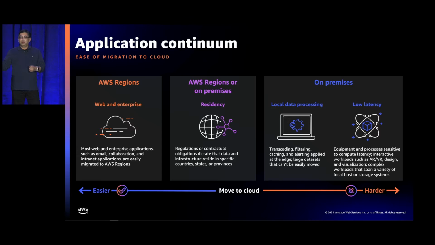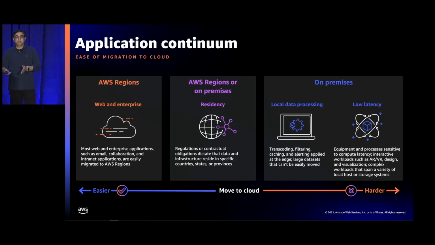And on the right-hand side, you have applications that are relatively harder to move for the right reasons. You have your local processing requirements, or you have to keep that data for data residency reasons. Local processing requirements could be for the media streaming applications, could be medical imaging, could be the workload that runs on a factory floor and need to sit right next to the sensors.